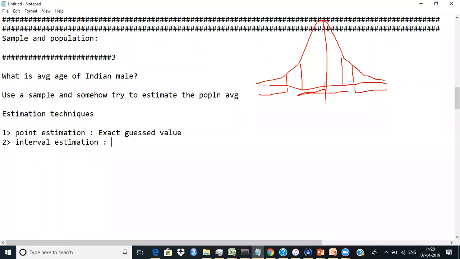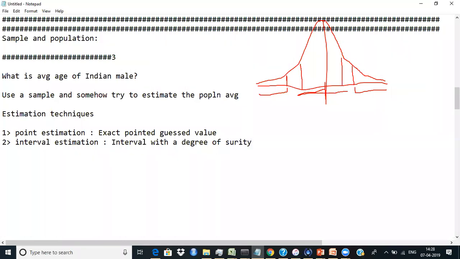Interval estimation. Exact means a pointed value. Interval estimation means it will not give you an exact pointed value. It will give you an interval with a degree of surety, right?